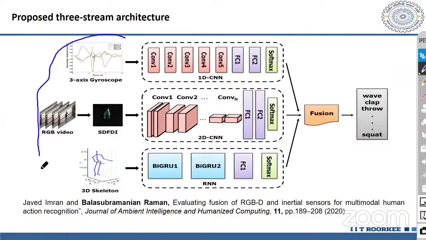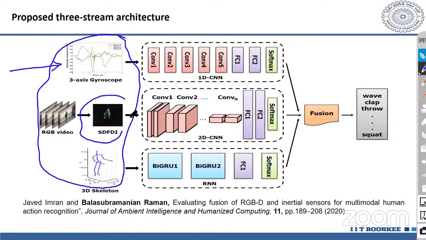Assume that this is your input layer. In the input layer, you have one-dimensional data, which your device generates, the RGB video converted into an SDFDI image, which is 2D data, and the skeleton, which is 3D data.